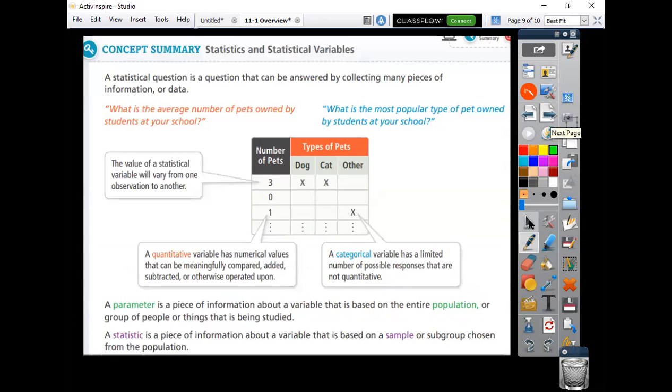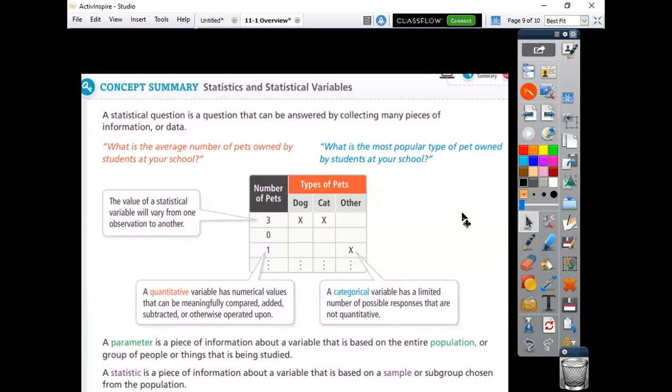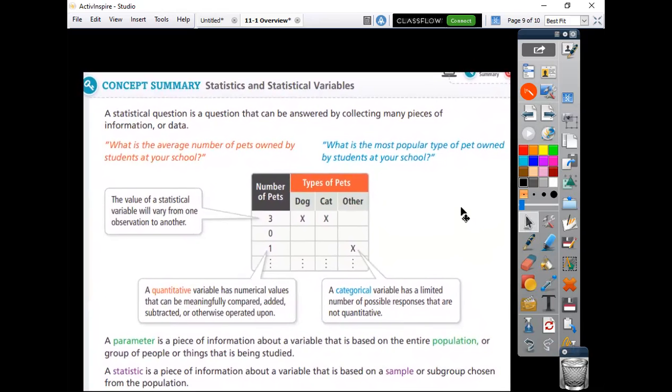So as I said from the beginning, just a whole lot of vocabulary here. And the biggest thing that I think you can really understand here is that if we're doing a statistical question, you have to collect data where you might have categories of data and you might have quantities, so numbers.